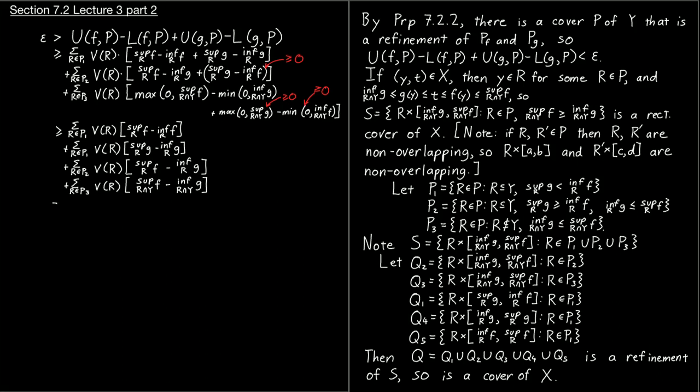And now we think about how these sums relate to those rectangles Q. Well, the first sum over, if R is in P1, then R times infimum f up to supremum of f, that's precisely a rectangle in Q4. So I'm going to keep using R for rectangles. And then I'll write times 1.